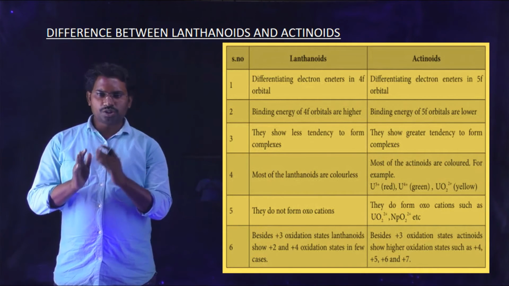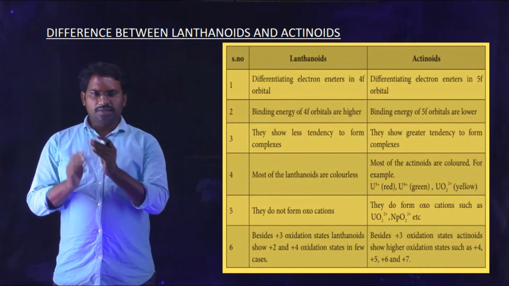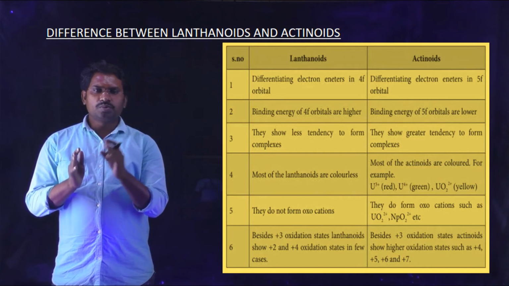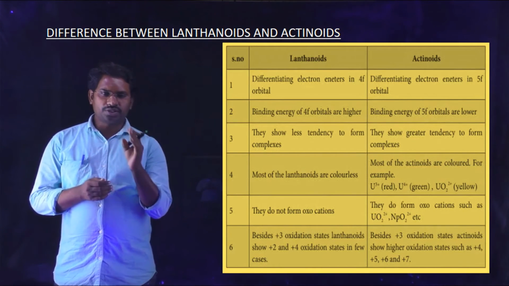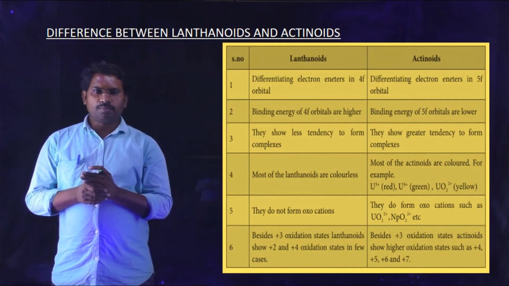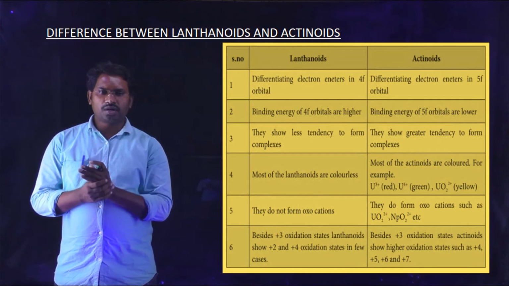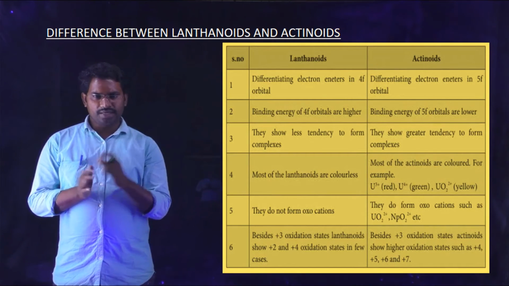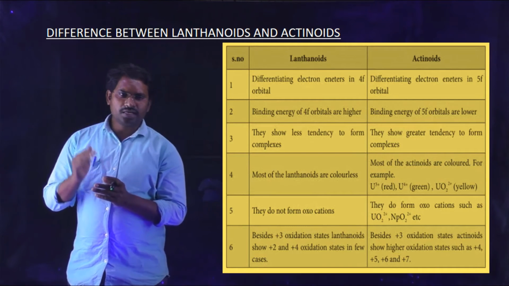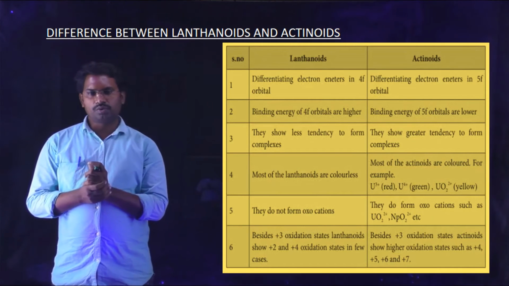Next point: the binding energy of 4f orbitals is very high, while in actinoids the binding energy of 5f orbitals is much lower.